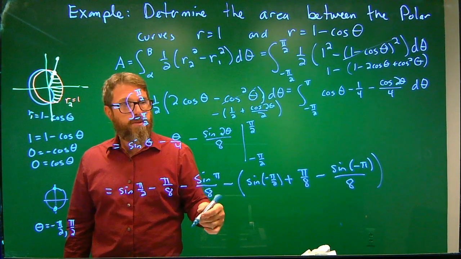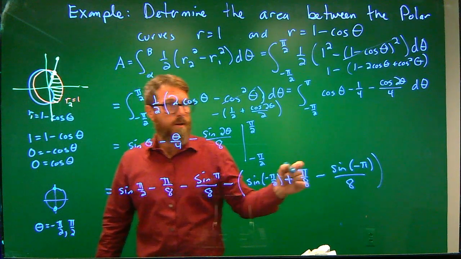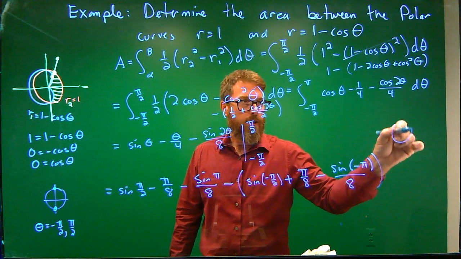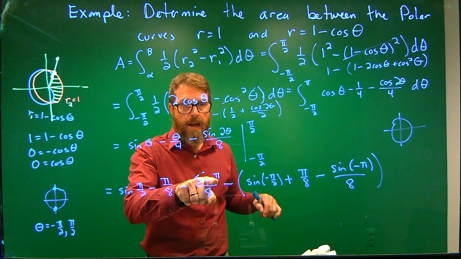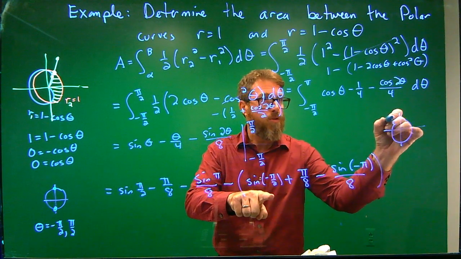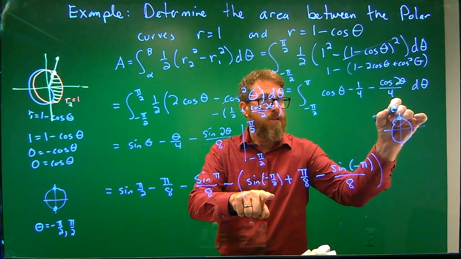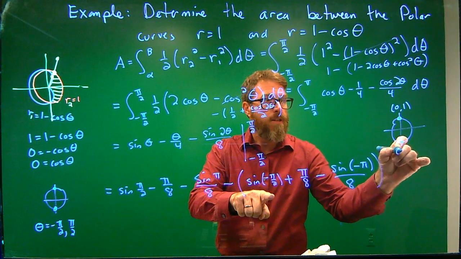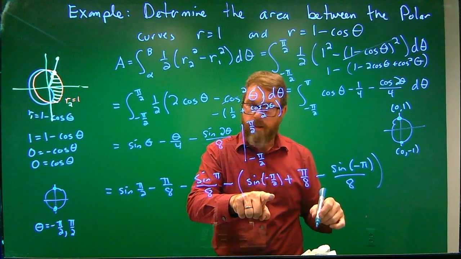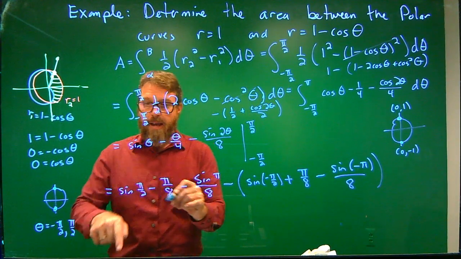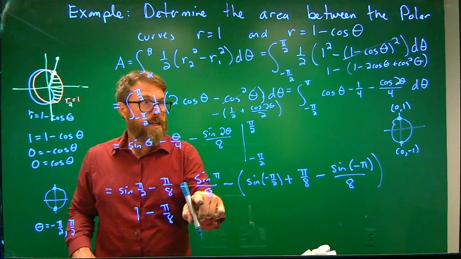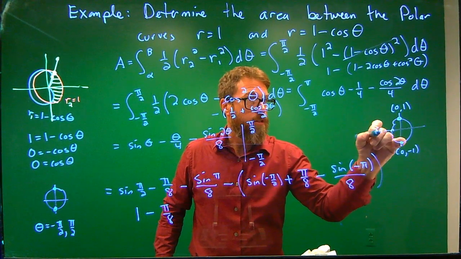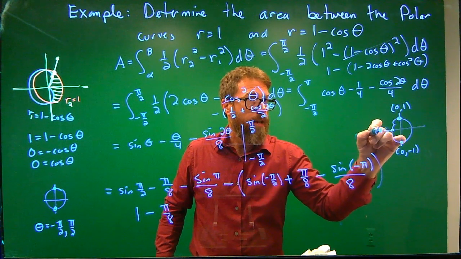All right, simplifying these things, just look at our unit circle. We're looking at values of pi and also pi over 2, and we're doing it for the sine. So this is 0, 1. This is 0, comma, negative 1. So the sine of pi over 2 is going to be 1 minus pi over 8. The sine of pi, which is going to be right here, this is negative 1, comma, 0.